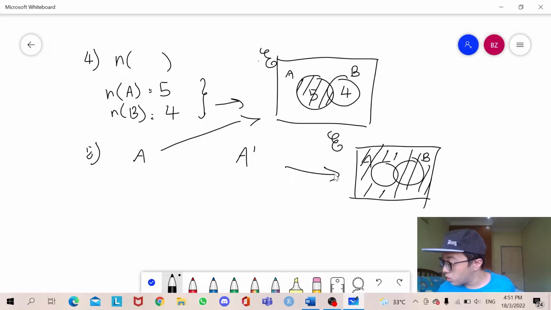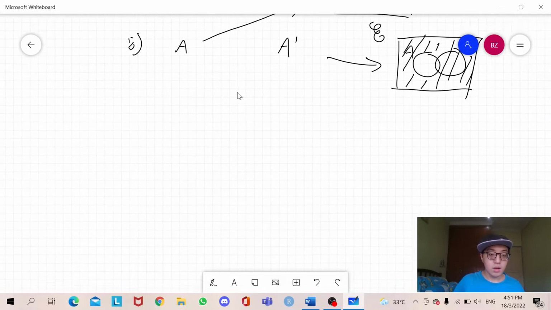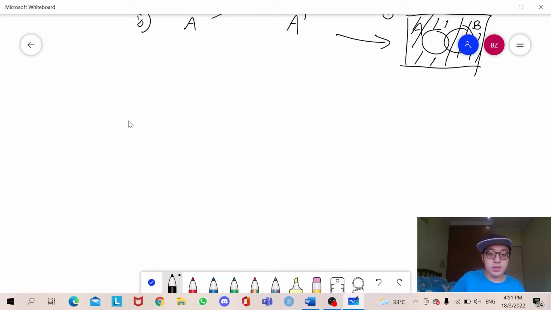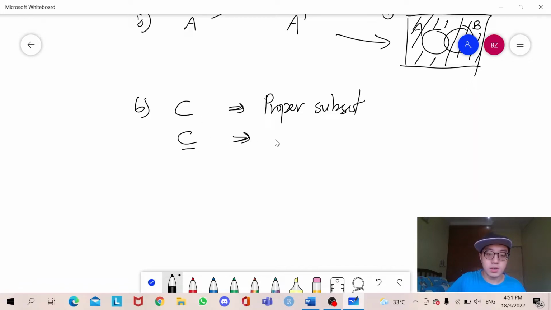We go on to the next notation, which is subset. Number 6: this means a proper subset, and this means a subset. What is the difference between a subset and a proper subset?